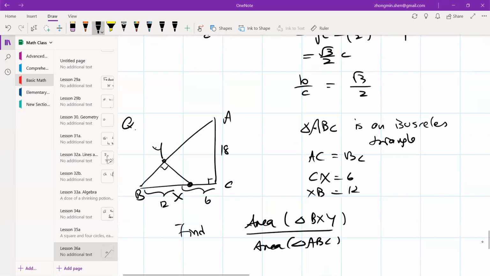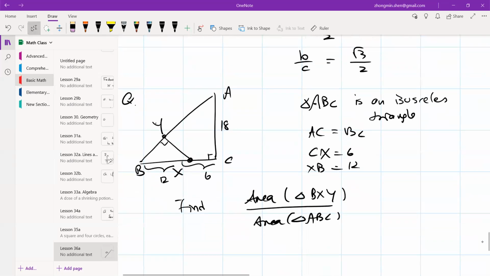Now this is a picture. Right, so are you able to figure out the small triangle? Basically find the area of the small triangle, because the area of the larger triangle we already know, base times height divided by 2. Okay, please work out this.